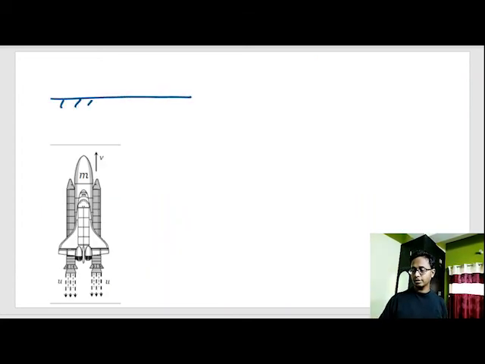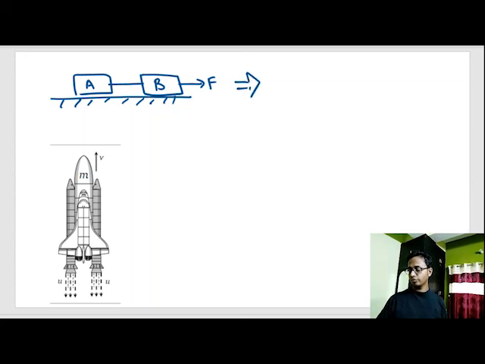So let's take another example. Suppose this is block A, and it is tied by a rope to block B, and B is pulled by a force. When I pull block B with some force, this rope also tries to pull block A. So let's draw block A. Now block A is pulled by some force exerted by the rope.